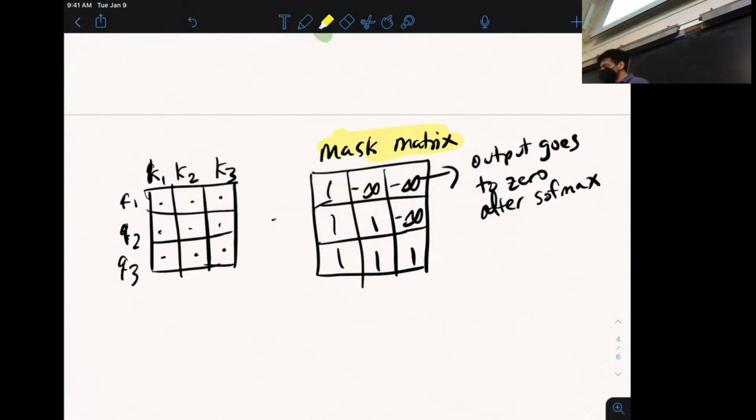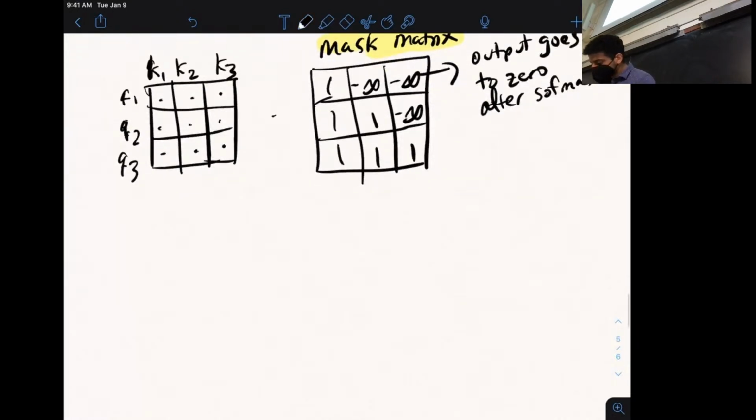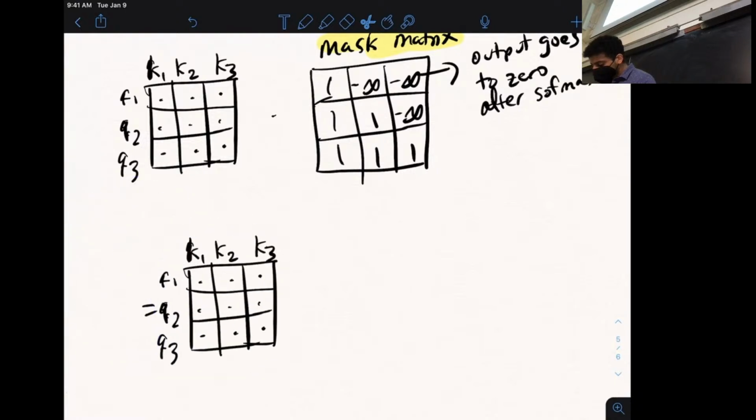Maybe add 0. Yeah, you could do that too. Okay, so after we do this, the final result is that these become 0 in the attention distribution.